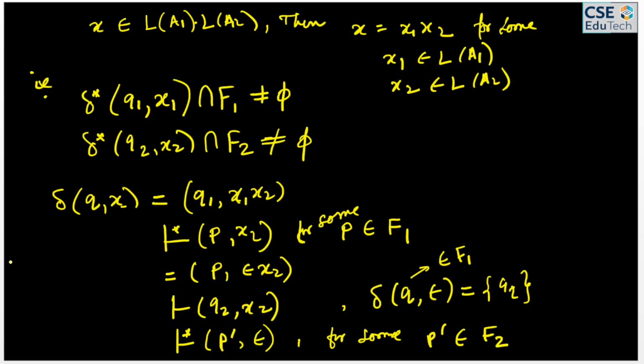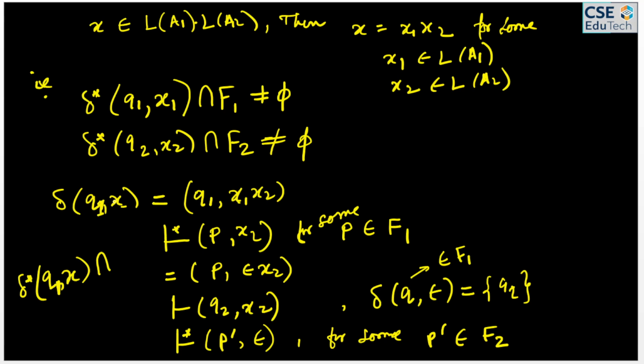So hence we can say that delta star q1 x, sorry, I made a mistake here, it is q1, because we always have to process the string from the state q1.